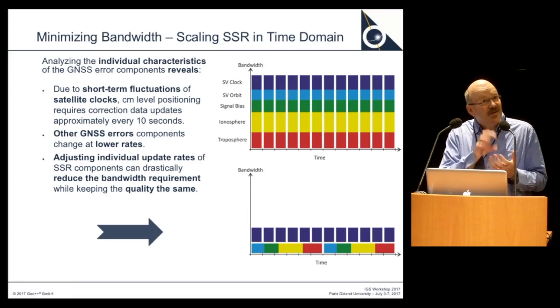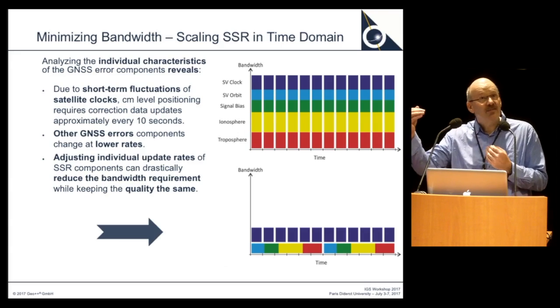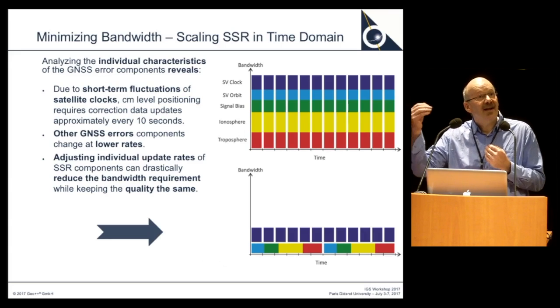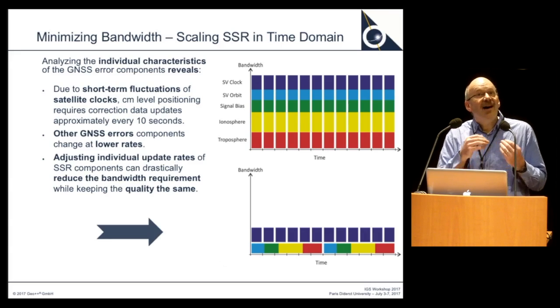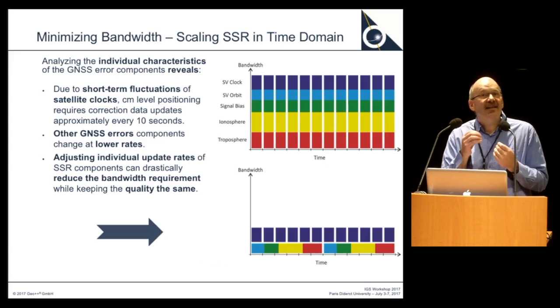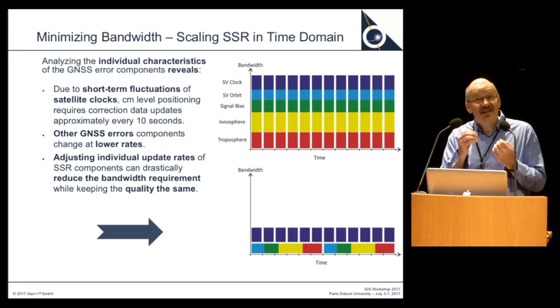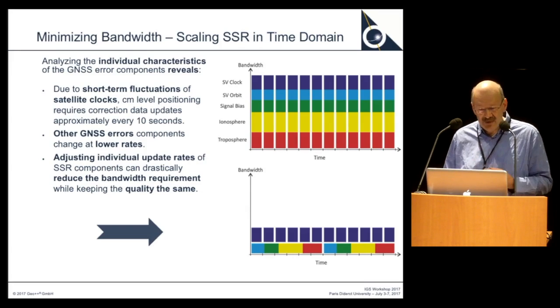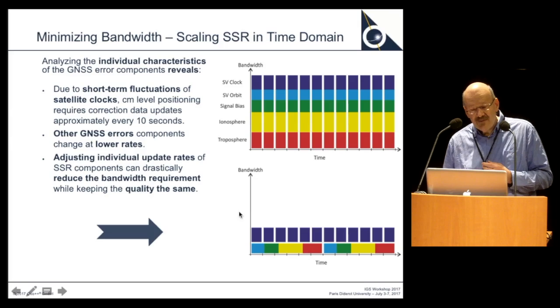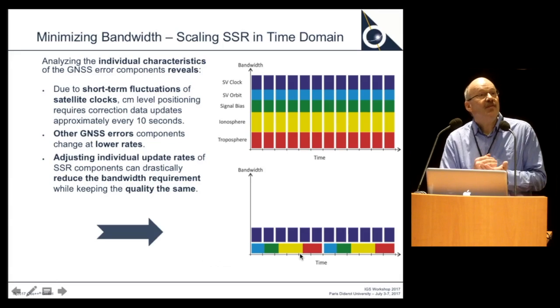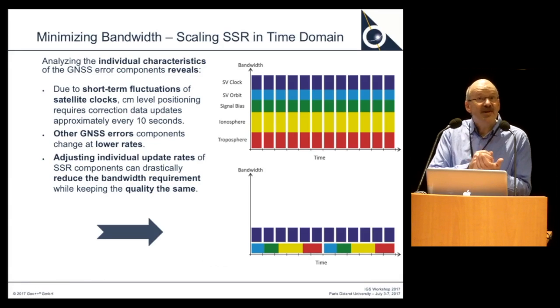But if you look at the characteristic of each error component, you will very quickly see that the clock is the most frequently changing error component, and that others are slowly changing, and you can use these different characteristics to reduce the bandwidth. You see this in this graphic. We have the clock corrections at a high rate, but then you can transport ionosphere and troposphere biases at a very low rate. And this reduces the bandwidth very significantly. So this is an essential feature of SSR.